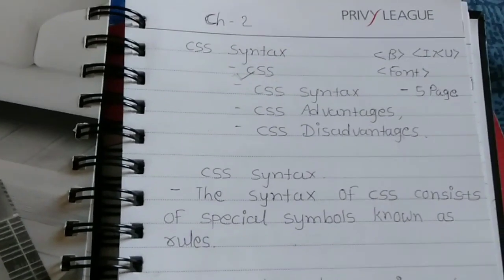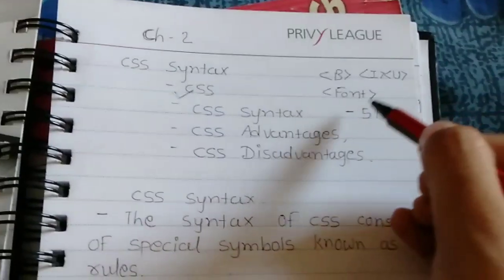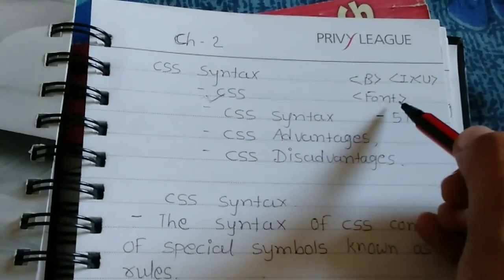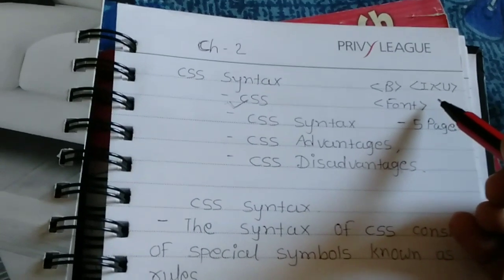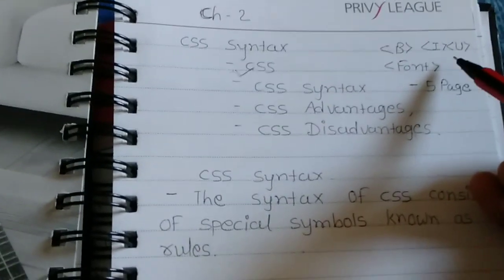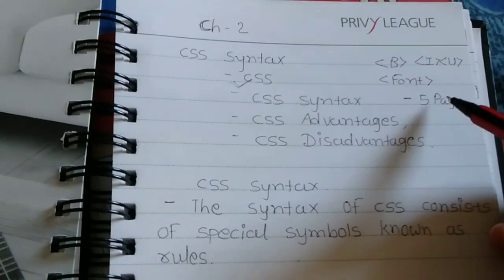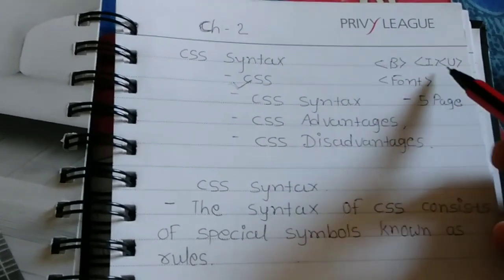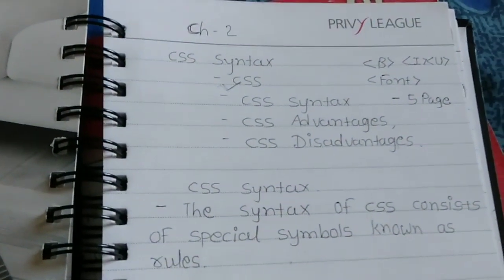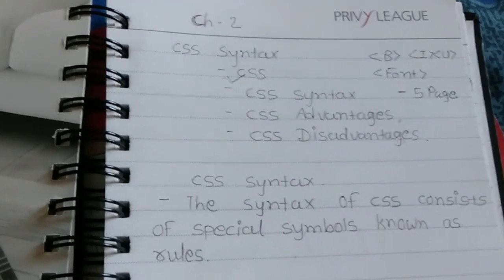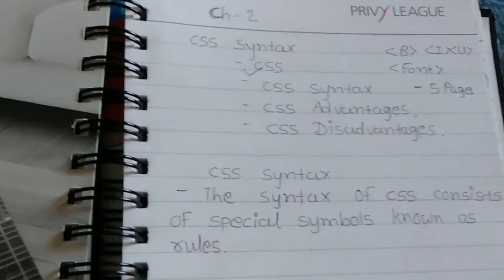In the registration page, I am applying bold effect, italic effect, underline effect, font size, font color, font family, center alignment, border, dotted border, border color. I am applying all these effects to my registration form heading. I want to apply all these same effects to the rest of my pages.